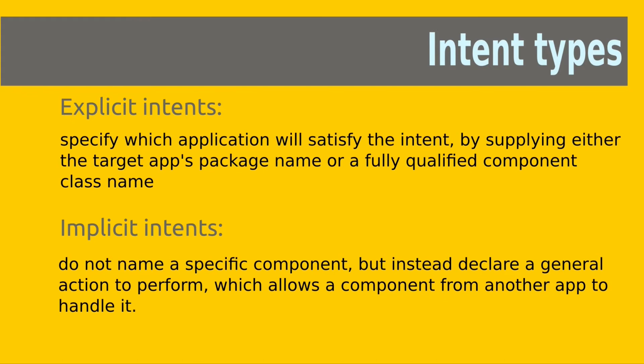At that point of time, the system will show a chooser dialog from the bottom, listing all the apps that can handle this intent. If there is only one app in the system which can handle that intent, it will directly open it. If there are multiple applications capable of receiving that intent action, then the system will give the options to the user, where the user can pick any application that they may want to use.